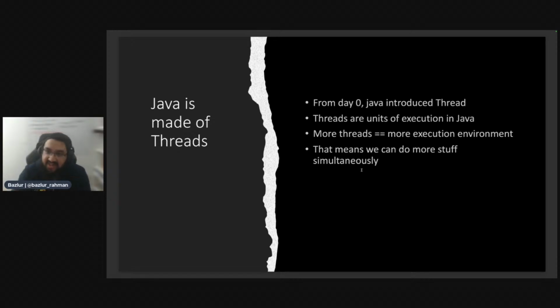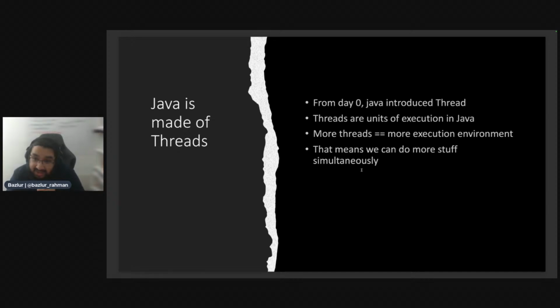In Java, a thread runs that code. So if we have two threads, we can run two blocks of code simultaneously. That's what it is in Java.